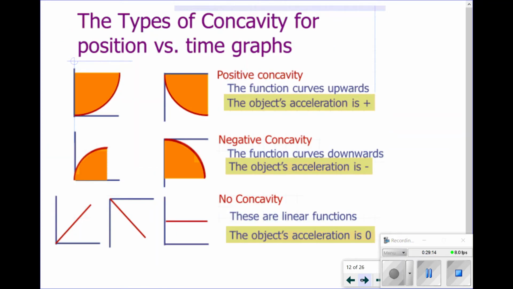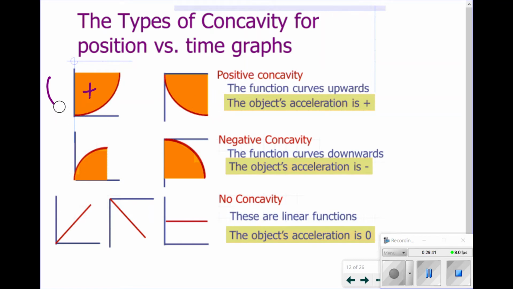Keep in mind that parabolas always have concavity. Concavity is the curviness of the graph. Concavities on a position versus time graph indicate the acceleration. If my concavities are positive, which means they hold water as part of a bowl, then I have positive acceleration.